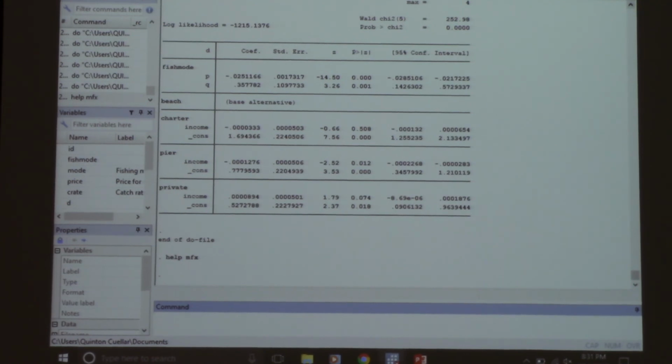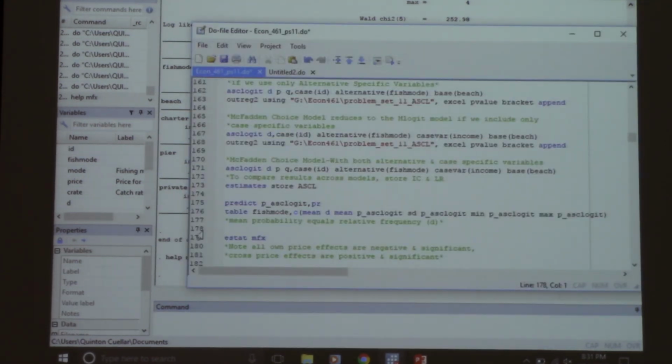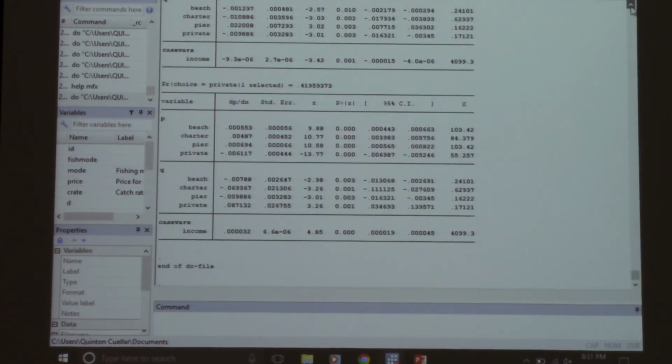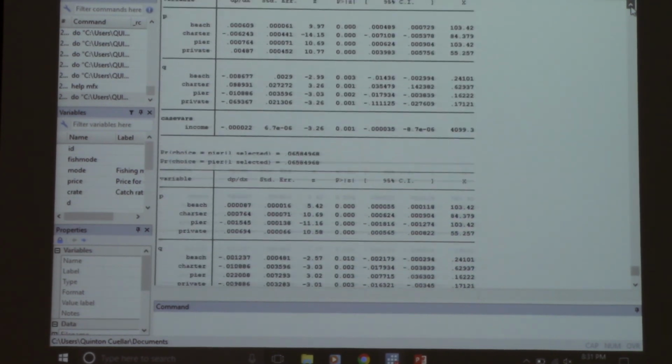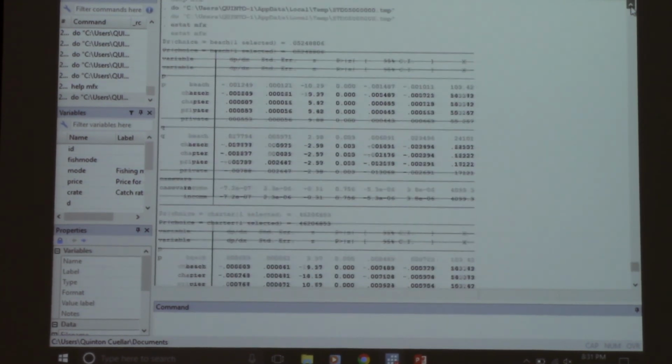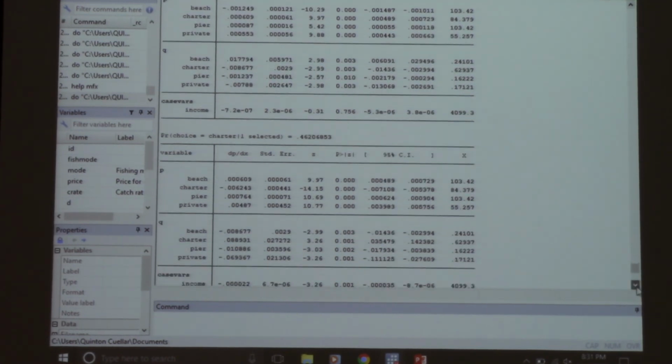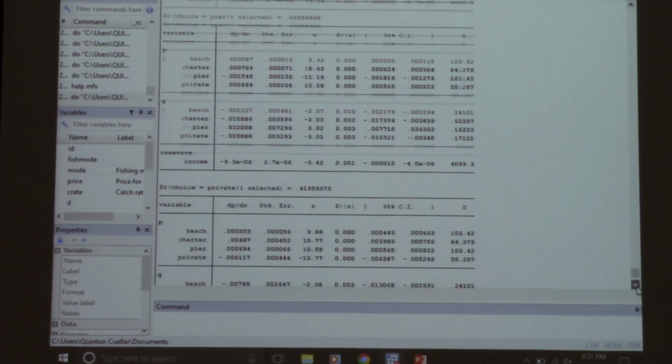But what we can do is, this is what I mean by it's pretty nasty output. This is all the output from MFX. All that.